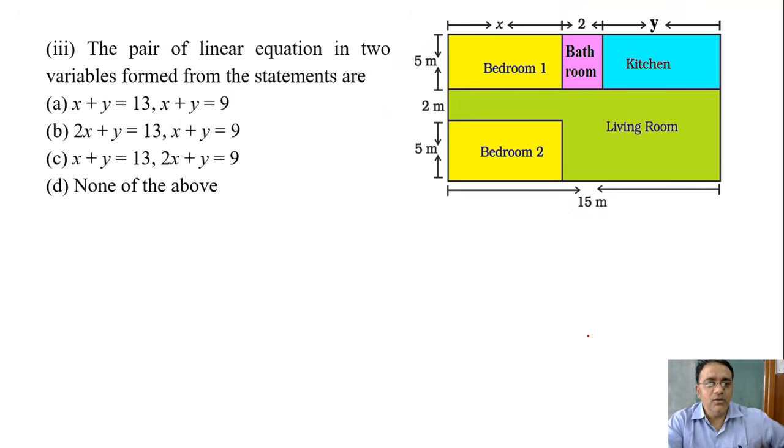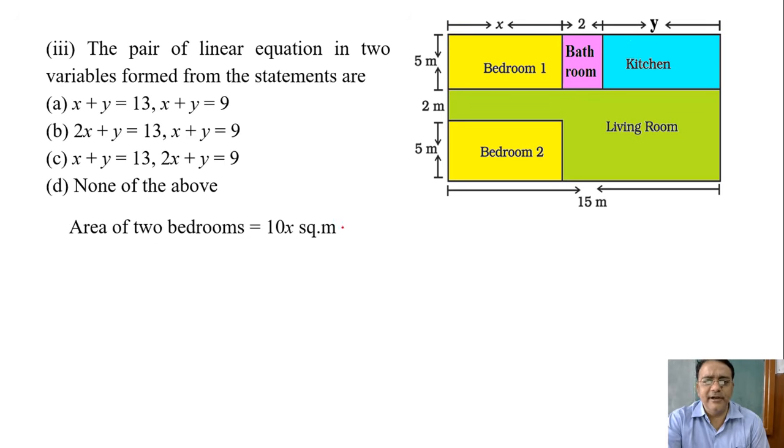Right. Now the pair of linear equations in two variables formed from the statements are. अभी जो statement दिया हुआ है, what is the statement given? That the area of bedroom and kitchen together is 95 meters square, right? And with the help of that statement we have to form the linear equations. So let us start with the first.